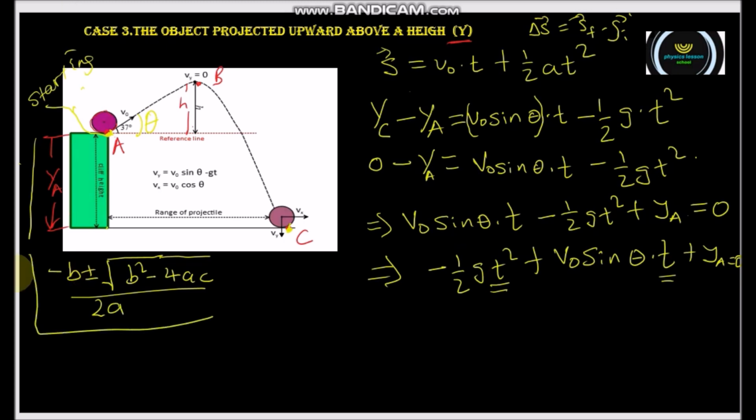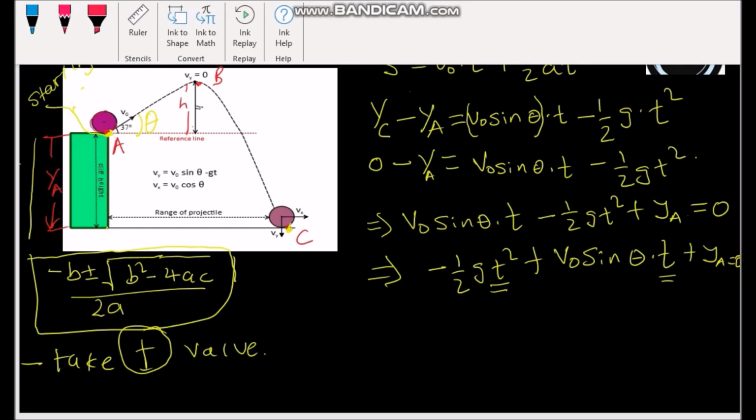This is the quadratic formula that helps us to find the time of flight, and take the positive value, because we don't have negative time. I think it's clear.